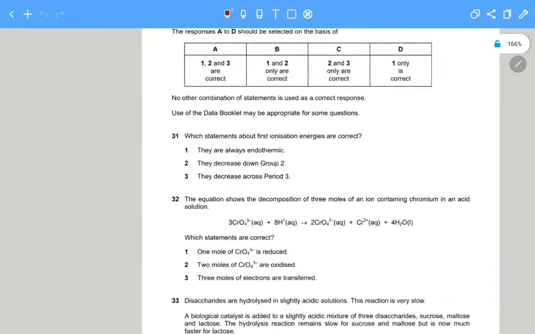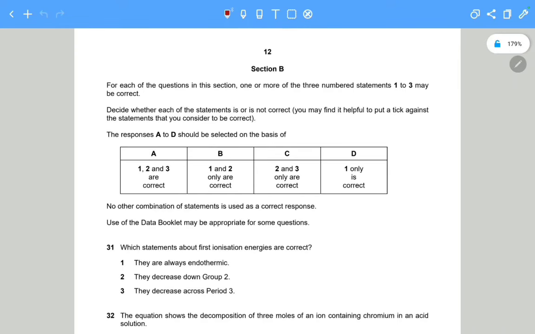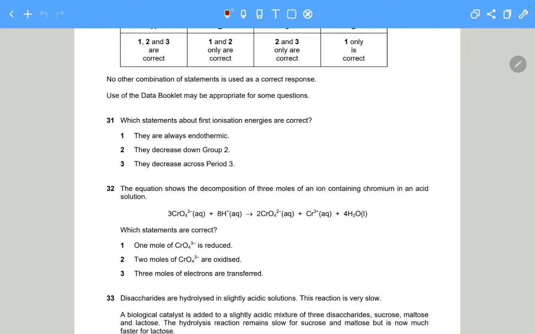Now we move on to question 31, and I'm not sure if the format is still the same for this section, but anyways, we'll go through it. Which statements about first ionization energies are correct? They are always endothermic. That's correct, because we need to give energy to remove electrons. They decrease down group 2.